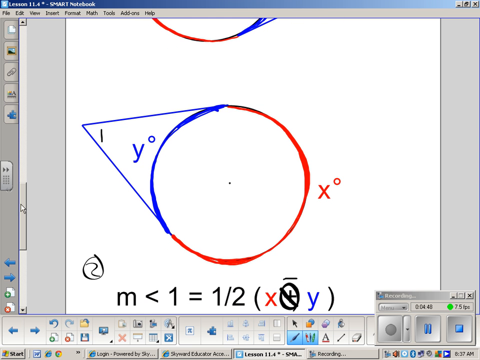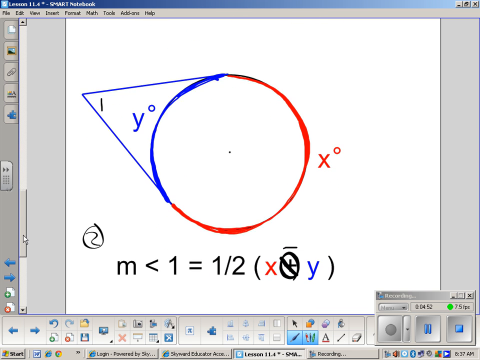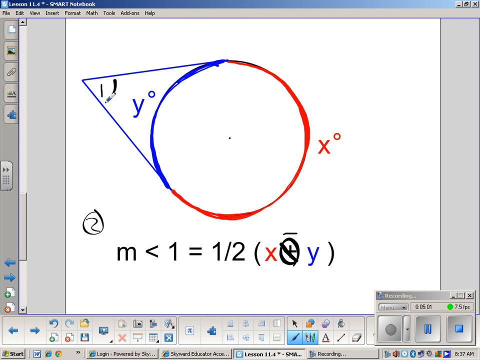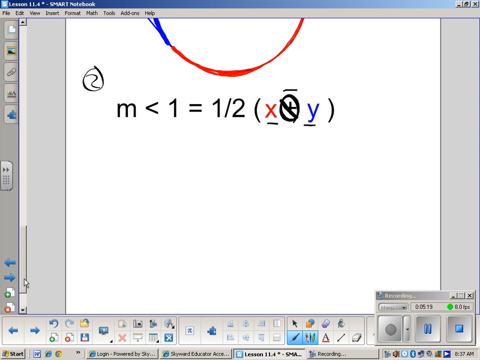And this picture where two tangents intersect outside the circle. They have this rule that says the measure of the angle created by the two lines right here is equal to half of the difference of the big arc minus the little arc. Okay? And I'd already written on this, so when I'm done, I'll get out of it, not save it, and I'll get back in and clean that up, so I don't have that problem again in the future.